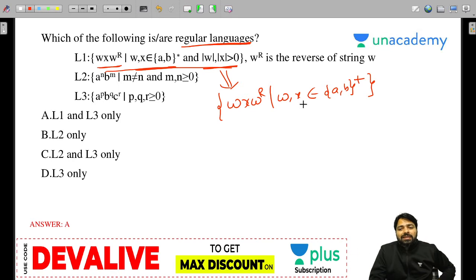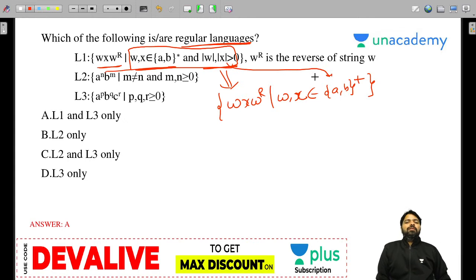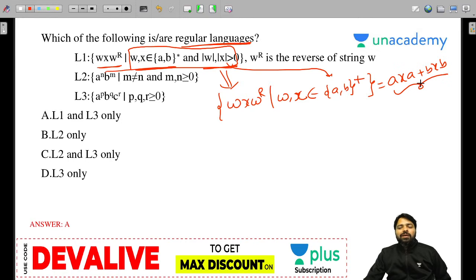Indirectly, by combining these two you will get whole plus only. And we know this is equal to a x a or b x b. It is a regular expression when you substitute x with (a plus b) whole plus. So it is a regular language, no doubt.